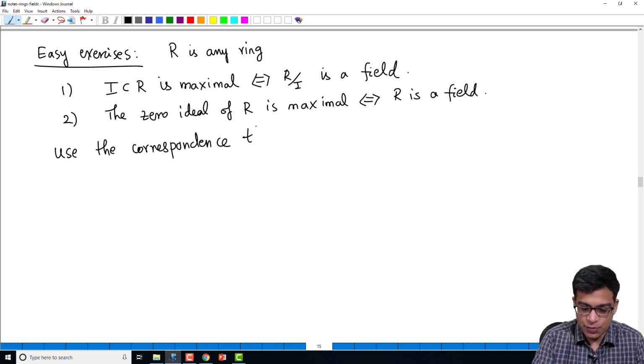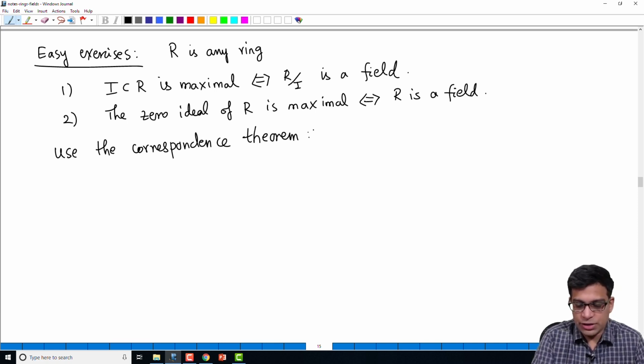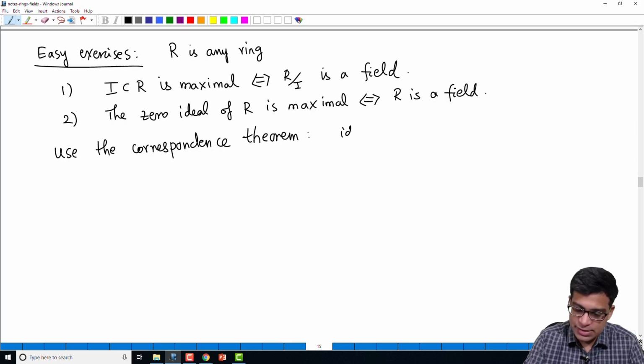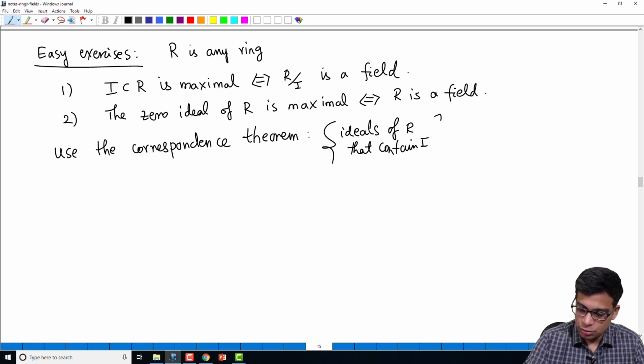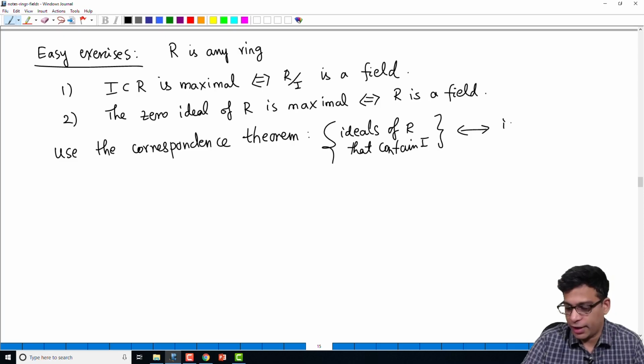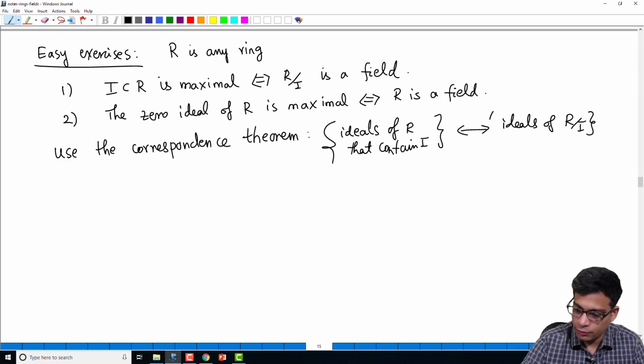So use the correspondence theorem which tells you how ideals of R that contain I are in bijective correspondence with ideals of R mod I, right? This is a theorem that we have proved.